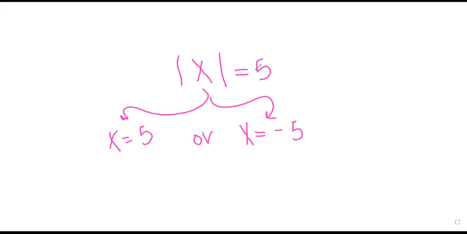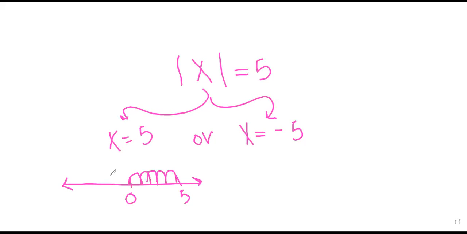But why? Because the absolute value means the distance, and the distance is always positive. On the number line, if I ask, what is the distance between 0 and 5? The answer would be 5. 1, 2, 3, 4, 5.